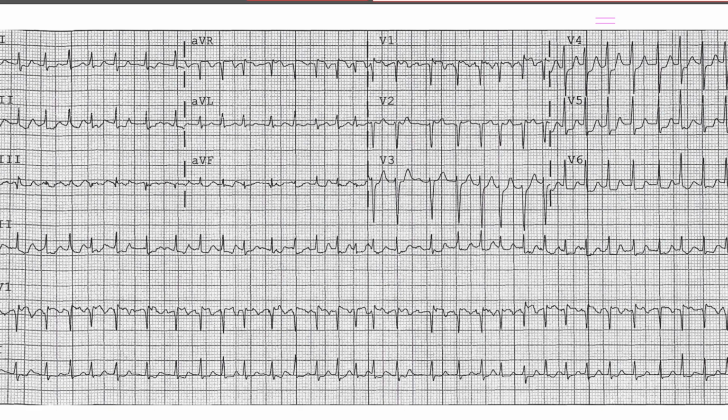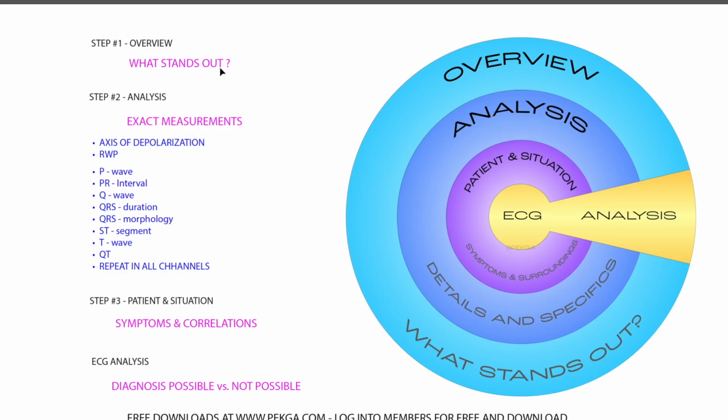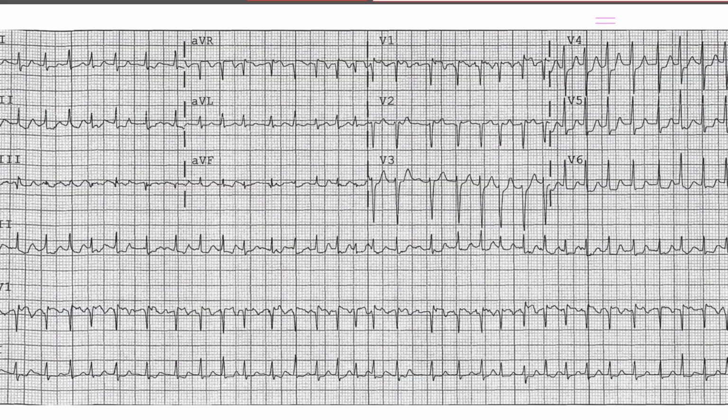Again, I'm doing this, I'm tired, so I'm just gathering data, as much data as I can. And hopefully that will help me in figuring out what it is that I'm looking at here. Now, AVL is upright, so that's good. AVR is inverted, which is as expected.